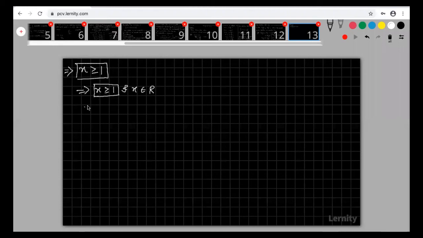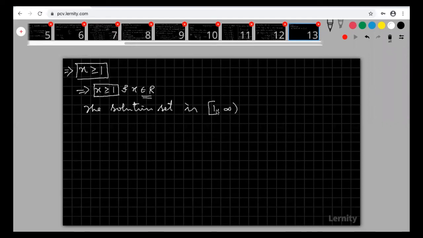So what is my solution set? Since it is a real number, I am going to express the solution set in intervals: 1 to infinity. Please look at these intervals.